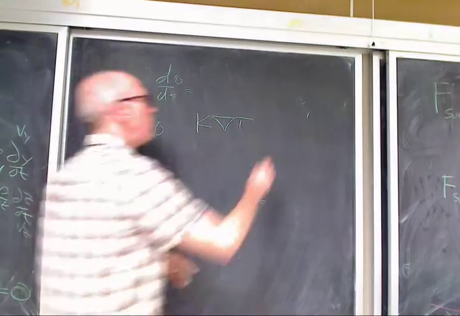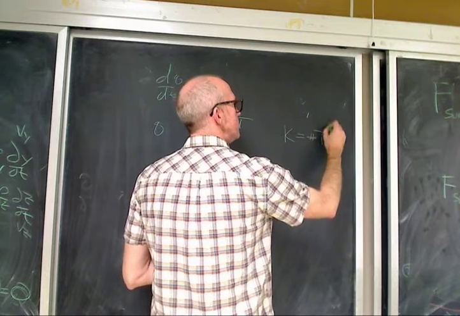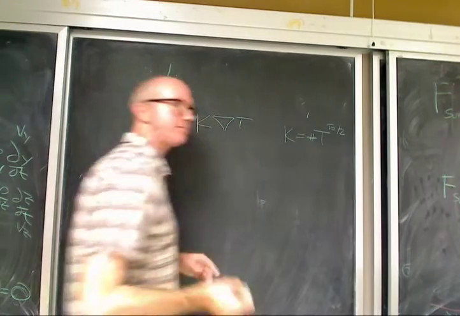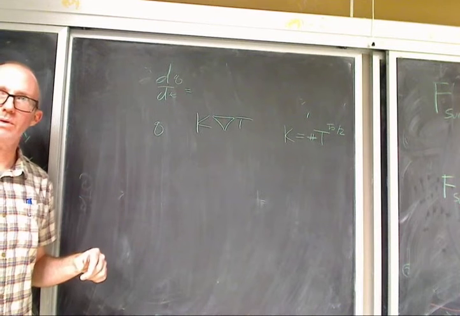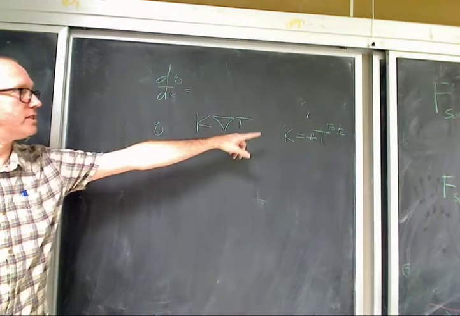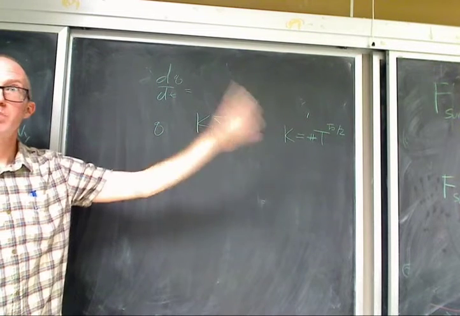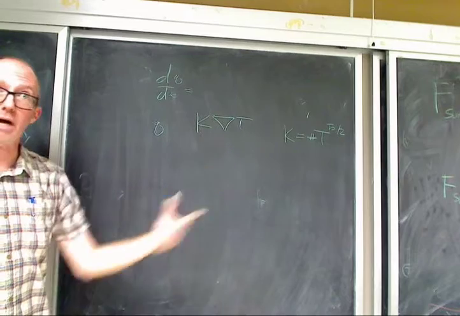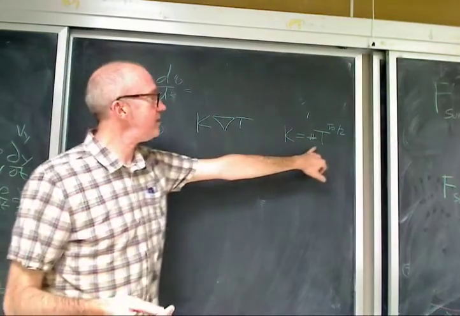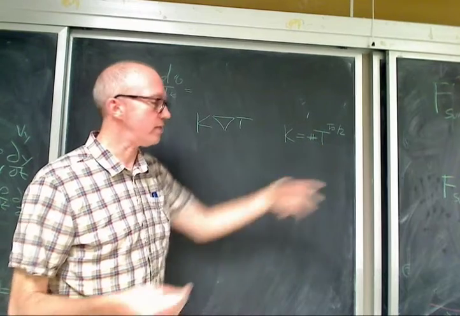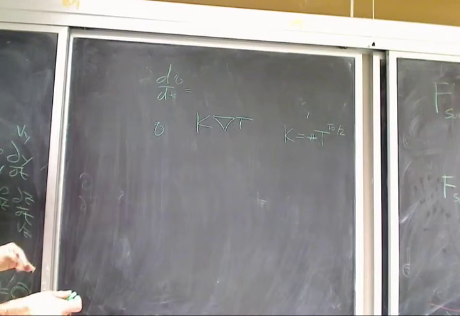In the book, he quotes that K goes like some number times T to the 5 halves. He just states this. What he does is he redirects you to the second half of the book where he derives it. The derivation of this is a headache, and I'll do it in a couple of weeks, but it comes from plasma physics, so we have to talk about ions and electrons smashing into each other. So this T to the 5 halves comes from the electron mobility, and we'll derive it a little bit later.